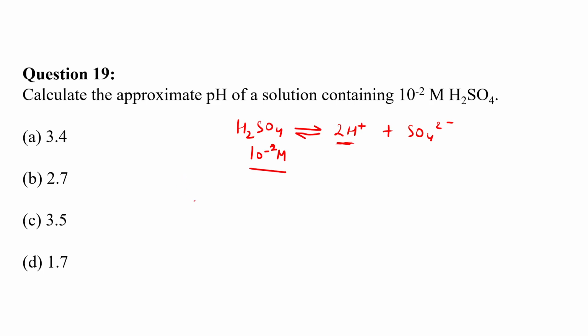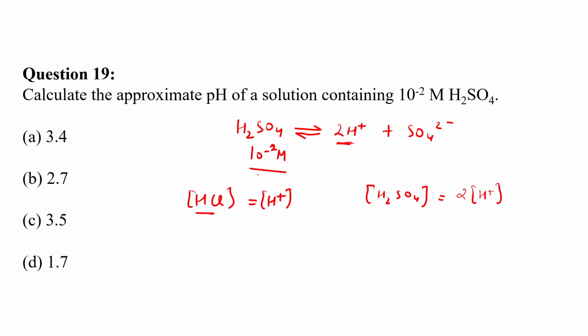For HCl, the concentration of HCl was equal to the concentration of H plus ion, but for H2SO4, the concentration of H plus ions will be 2 times the concentration of H2SO4.